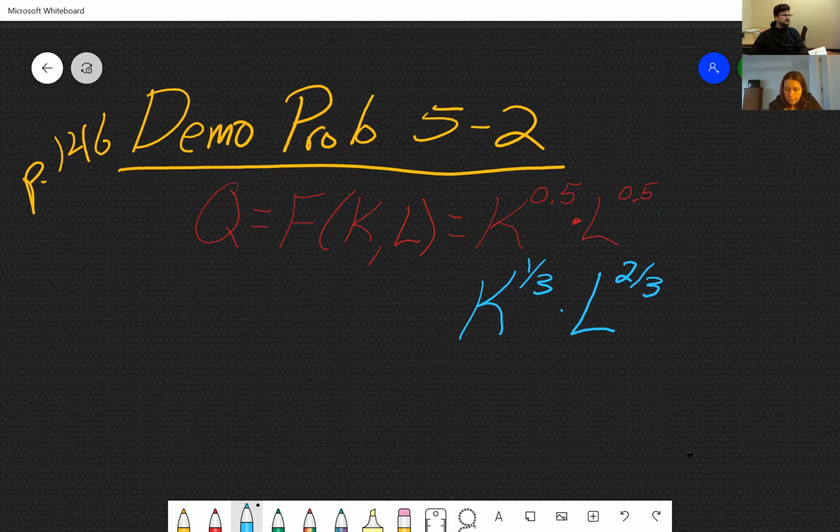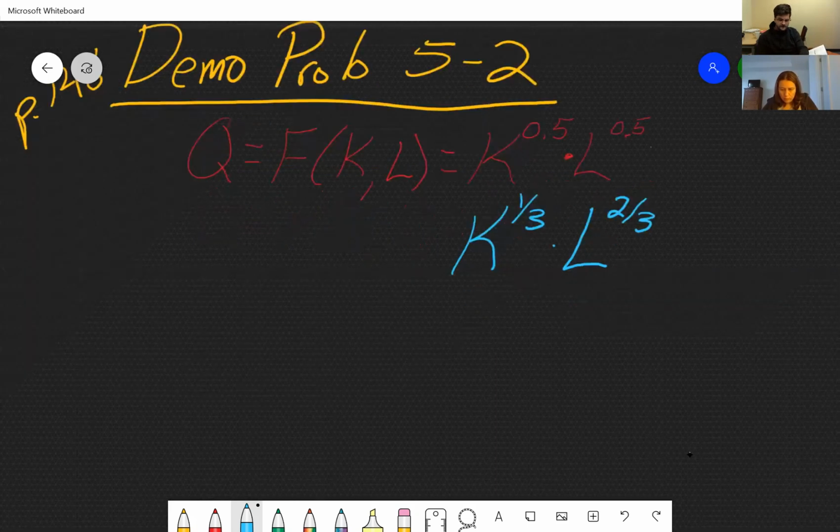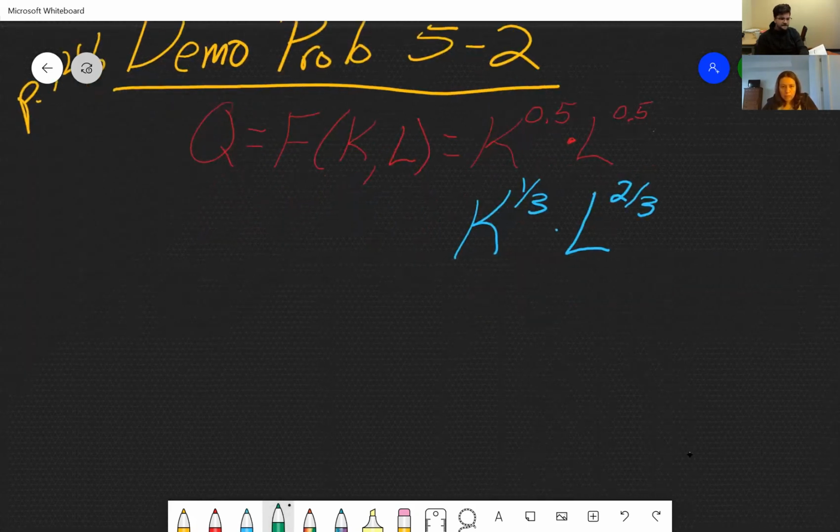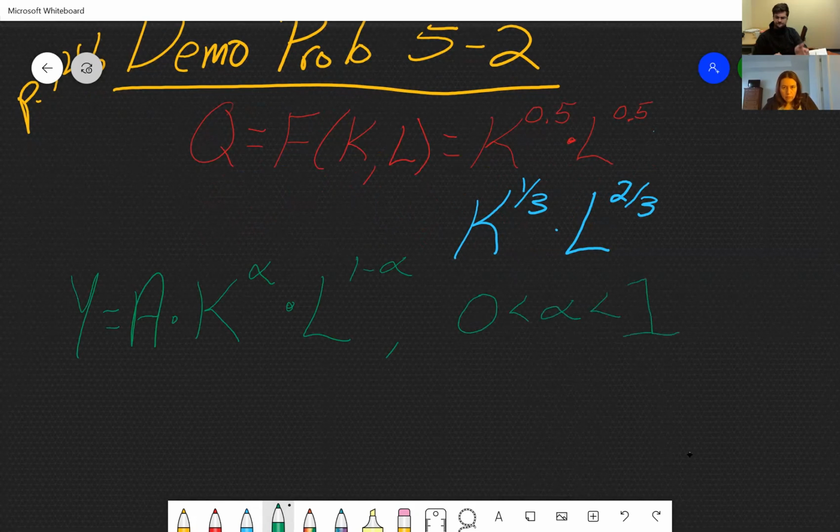I'm pretty sure this is a Cobb-Douglas general, but to make it any Cobb-Douglas, it has to be something that's Y equals A times K to the alpha times L to the 1 minus alpha, where alpha is bounded between 0 and 1.